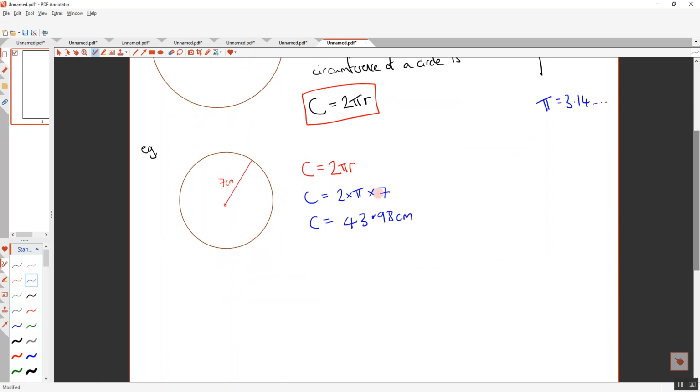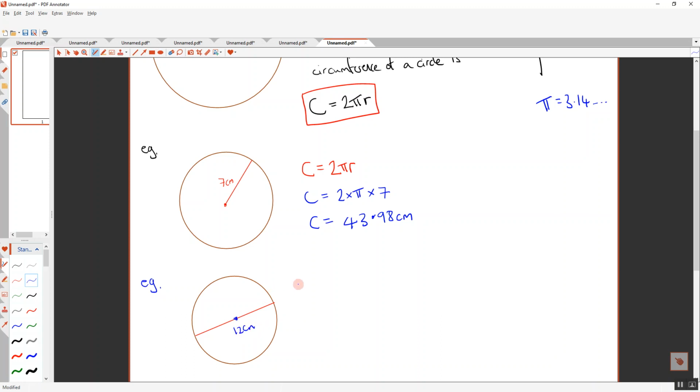Of course, we need to be careful if we're not given the radius, but imagine we are given the diameter. Let's say the diameter of this one is 12 centimeters.